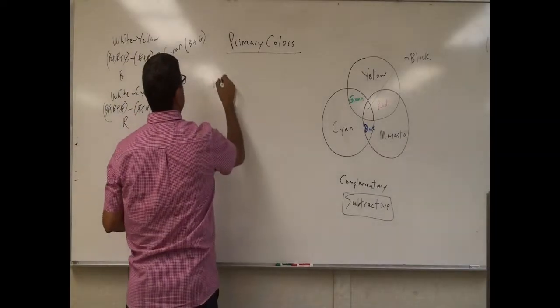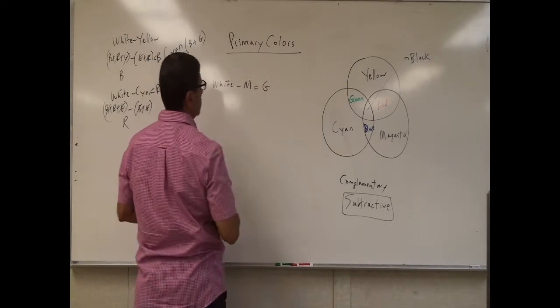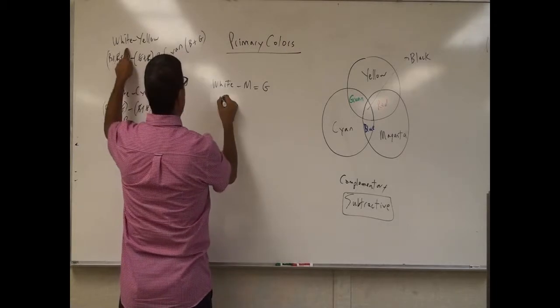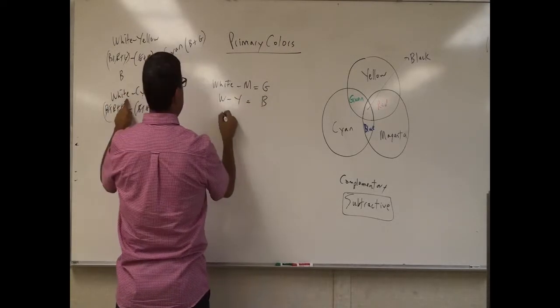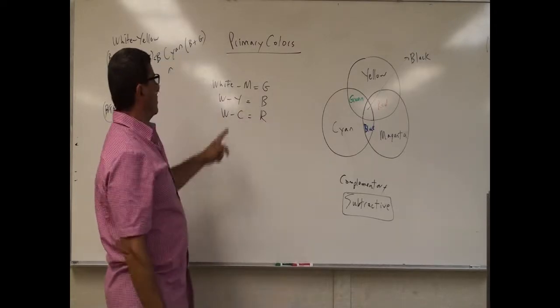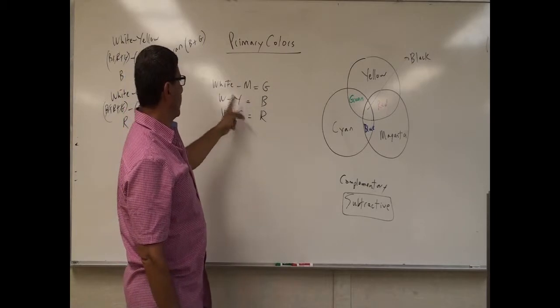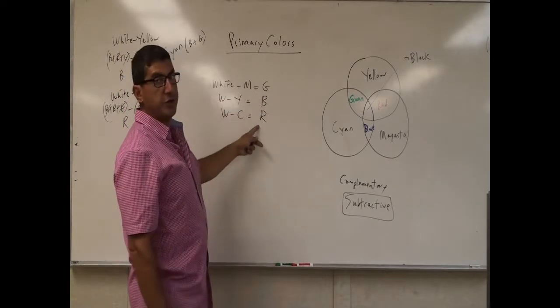White minus magenta is green, right? And then white minus yellow is blue. And then white minus cyan is red, right? So we can see that these are all the complementary colors from white. By subtracting them, we get the primary additive colors.